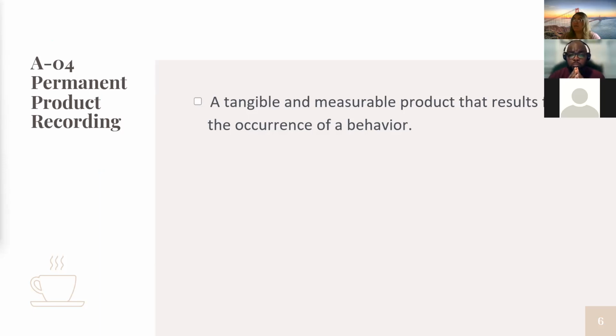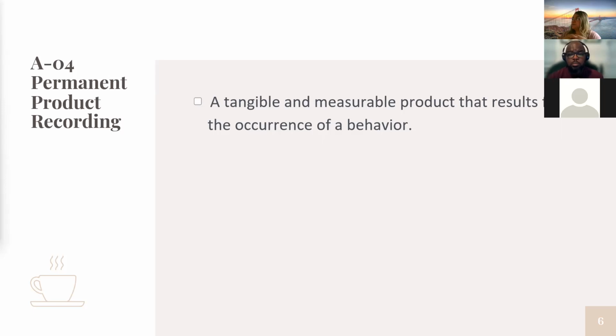Okay, so we have A4, and we don't really talk about this too much in the field either. So this is another one that the RBTs really struggle on, is permanent product recording. Permanent product is where the behavior leaves some lasting footprint behind where we can actually count it.